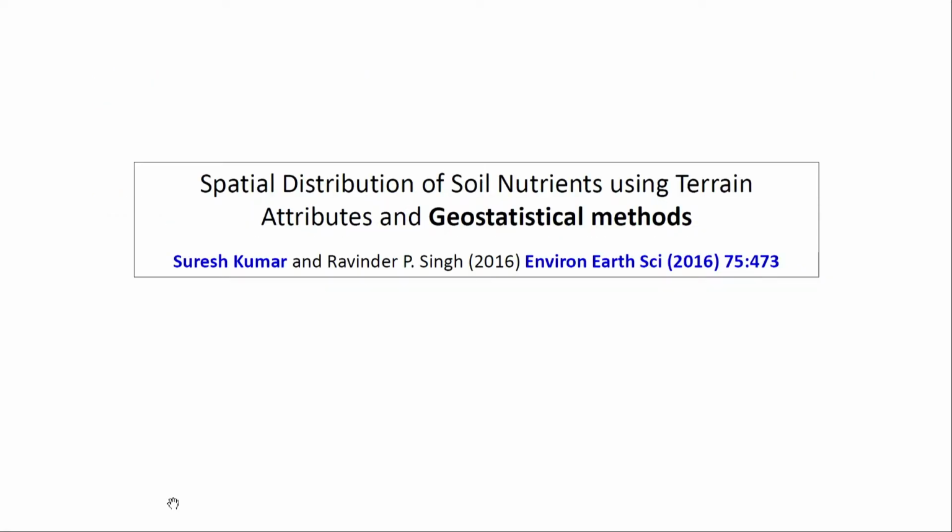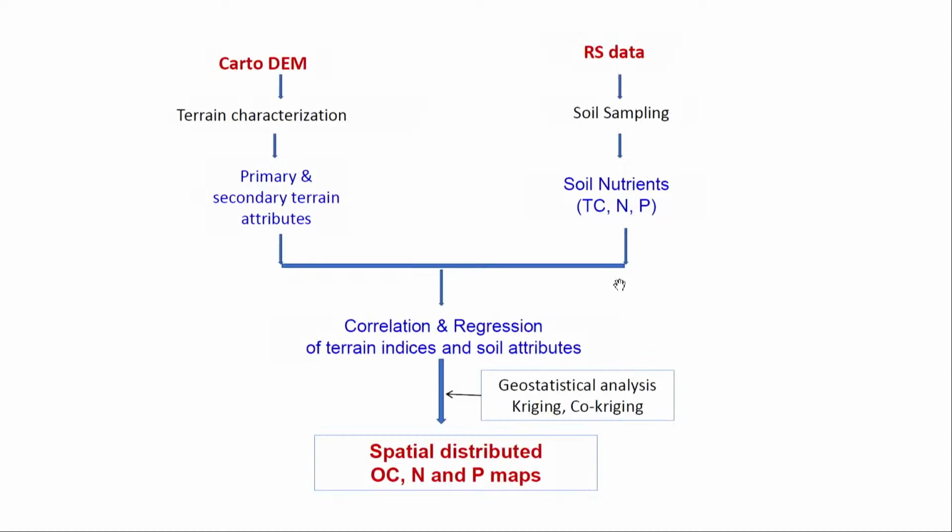So I will show you one method of how to generate this. Suppose I want to generate the spatial distribution of soil nutrients using terrain data and geostatistical methods. You can read this paper. From the Carto digital elevation model, we characterize terrain parameters, various primary and secondary terrain parameters.